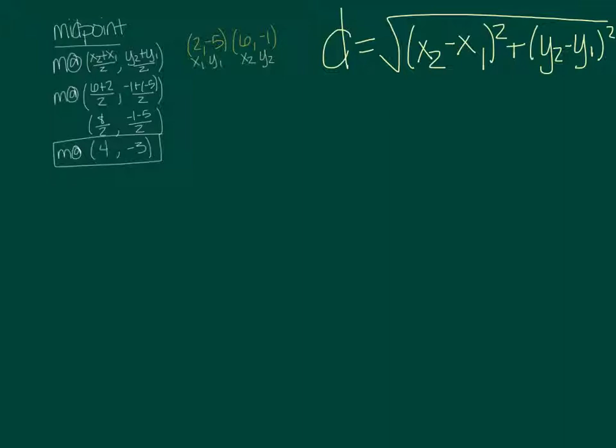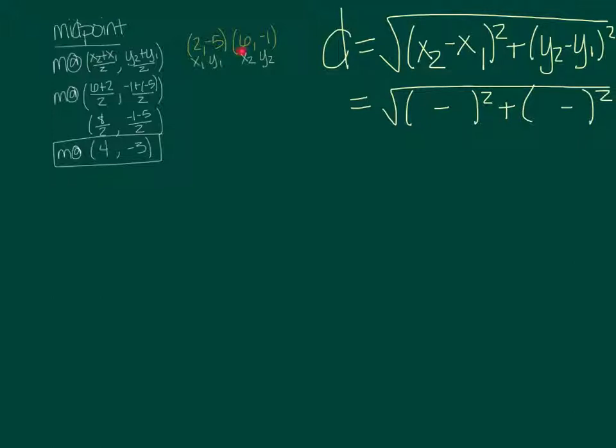So again, we're using our point 1 and our point 2 values and just plugging them into a formula. Get the basic template set up here, and we'll plug our information in.